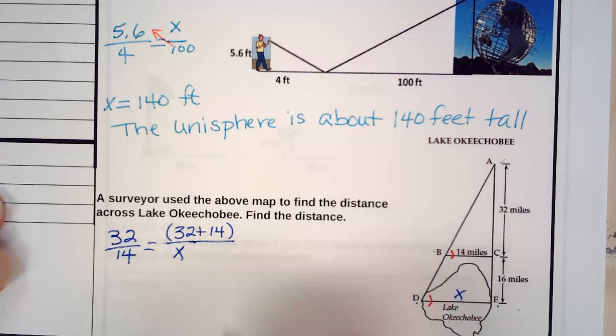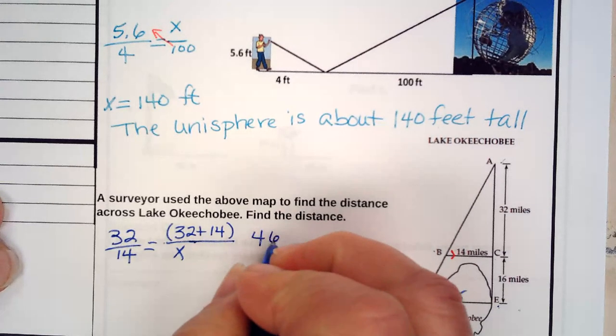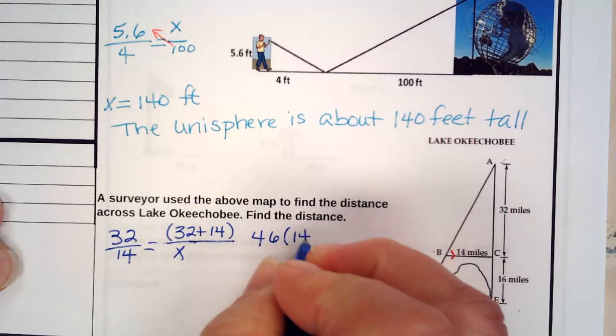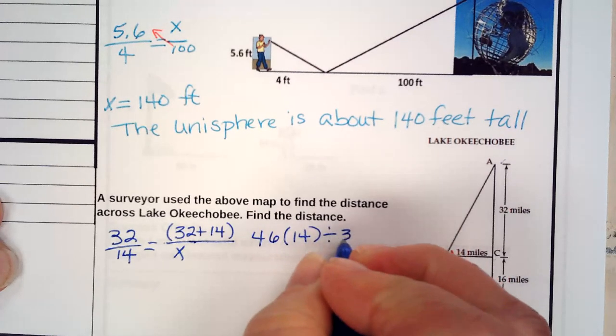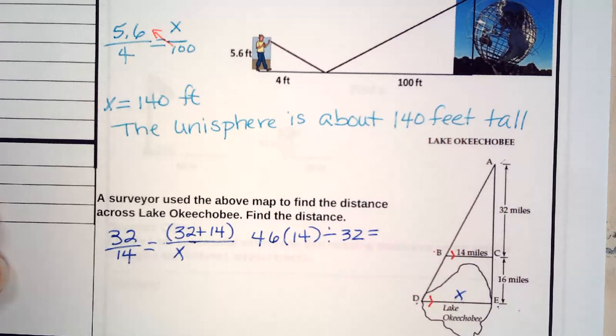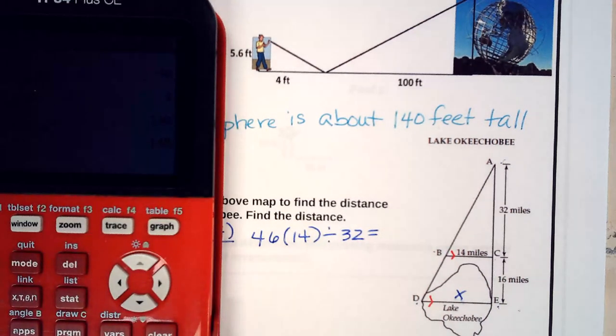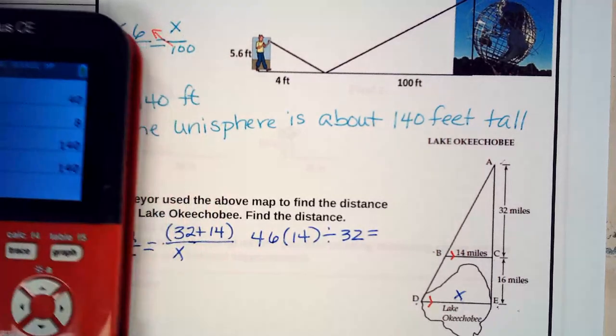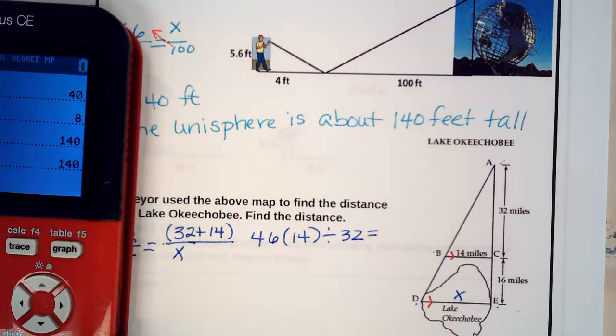So in our calculator, we would take 46 times 14 divided by 32. If I didn't want to do any of the math in my head, I'd use parentheses. 32 plus 14, close my parentheses, times 14 divided by 32.